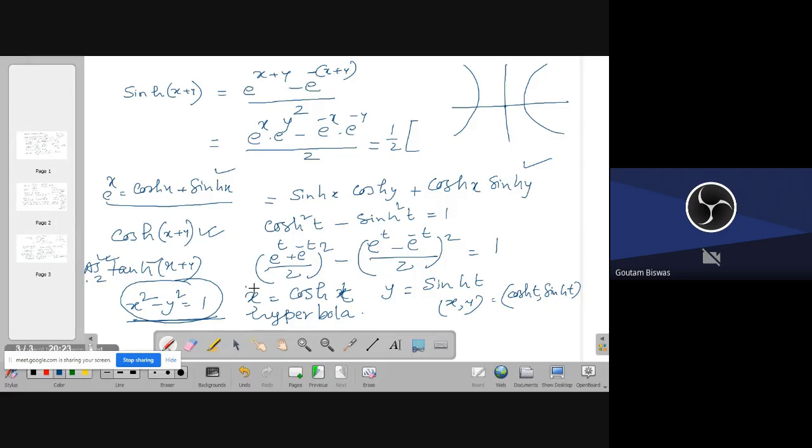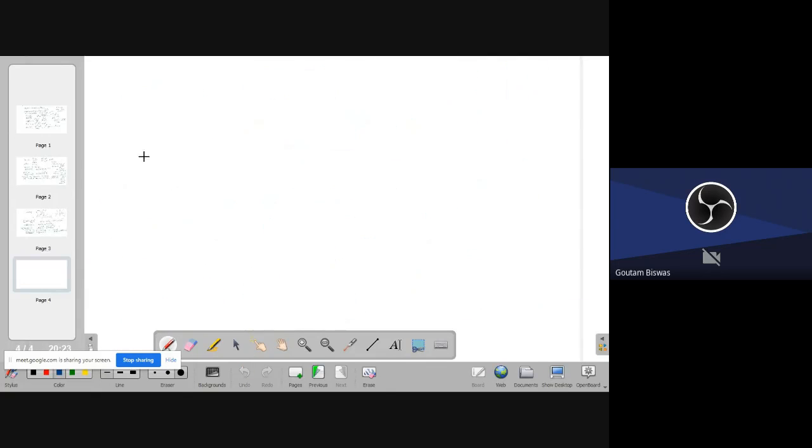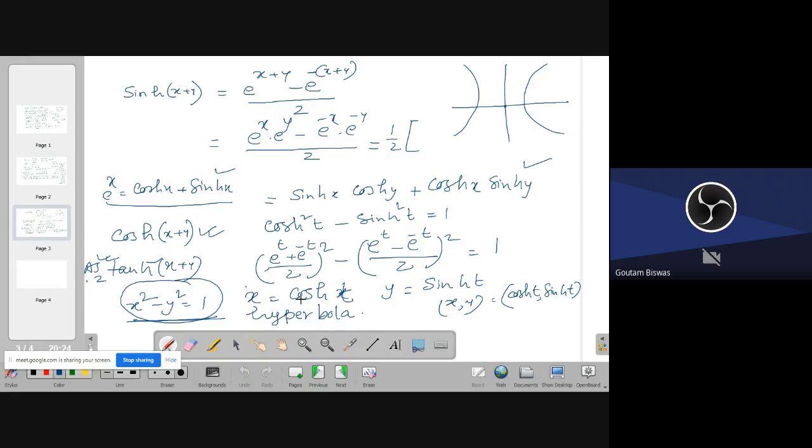That's why these functions are known as hyperbolic functions. Because if they are represented by x or y, then they will lie on a hyperbola. Understood?